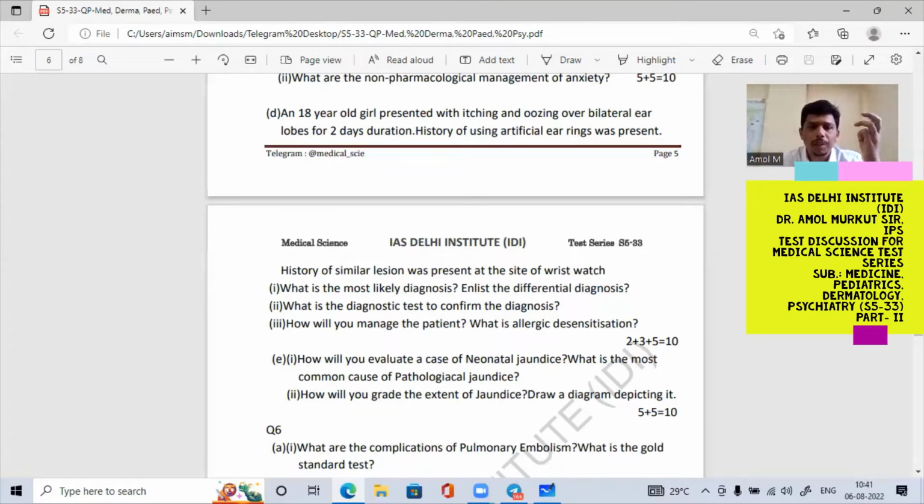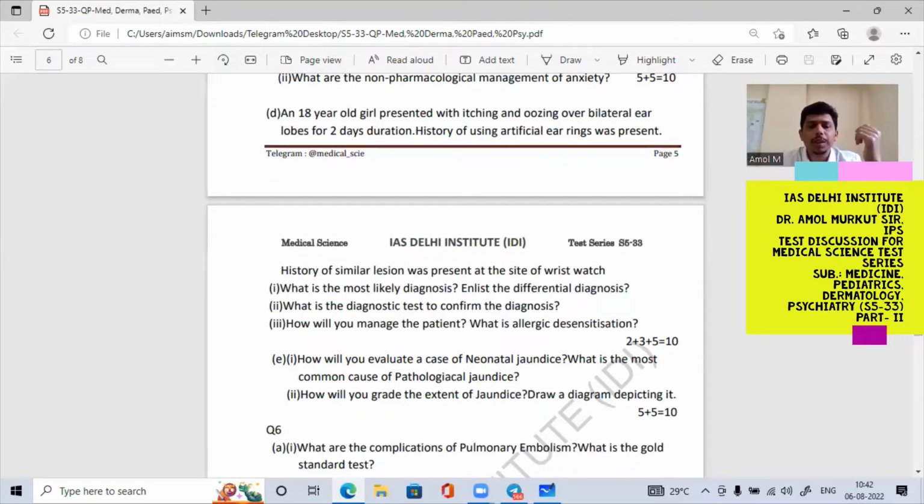Then a peripheral smear of the child to see any abnormalities in the leukocytes. Then secondary tests: G6PD deficiency, then imaging to see if there is any big hematoma, then the Coombs test to check for antibodies, and then what are the other things?